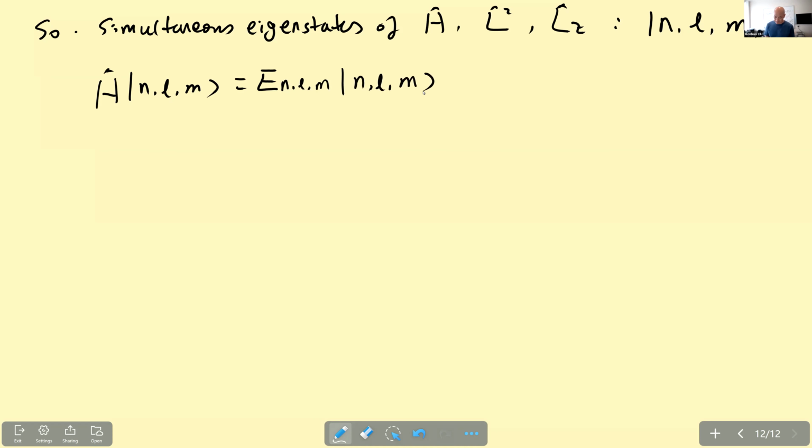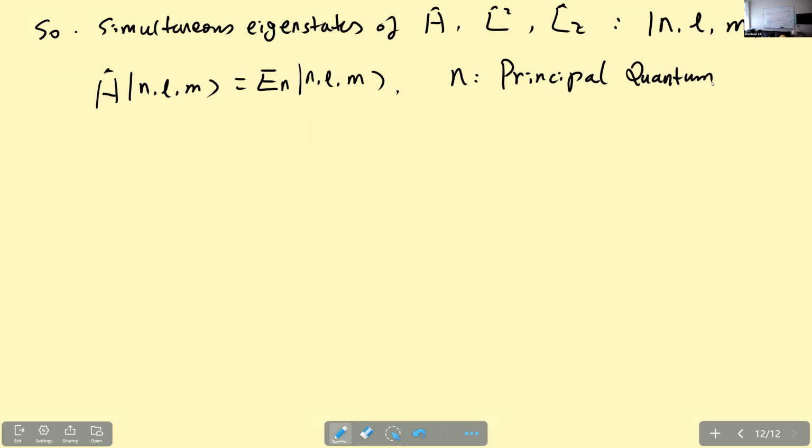So that's energy. This n is called the principal quantum number.